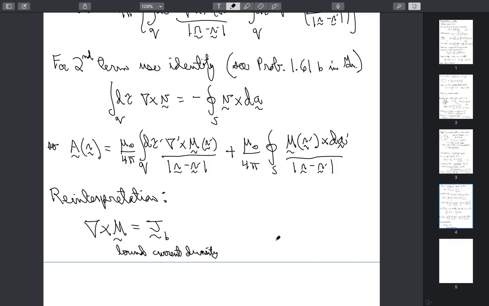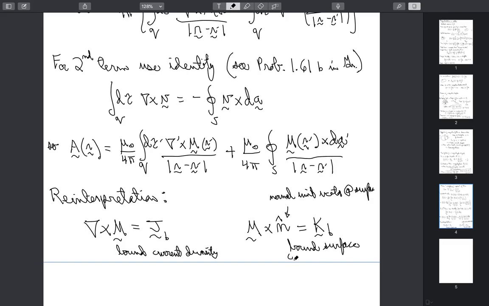And this term here, the M crossed into the normal unit vector at the surface, and again, you're used to this notation by now, I hope, the normal unit vector at the surface. What we're going to interpret this as is a surface current density, a bound surface current density.